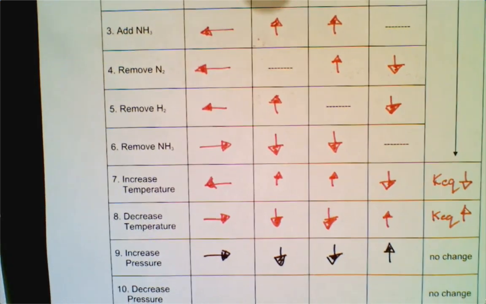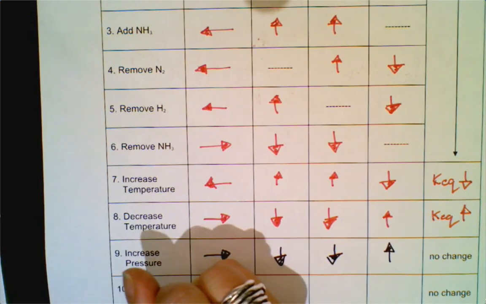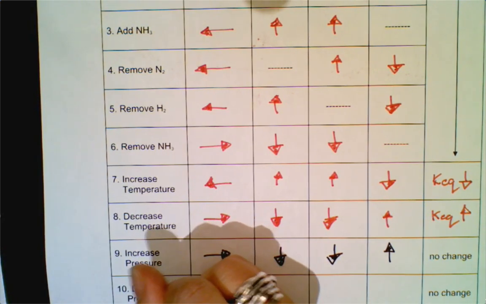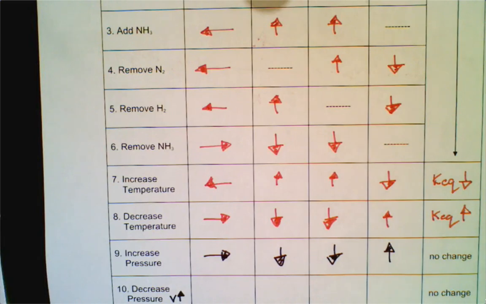And again, pressure has no effect on KEQ either. Decreasing the pressure is the same thing as increasing the volume. If you increase the volume, you have more space for those particles to be colliding. And so a decrease in pressure means we want to shift the system towards making more pressure. And pressure is directly related to the number of collisions.